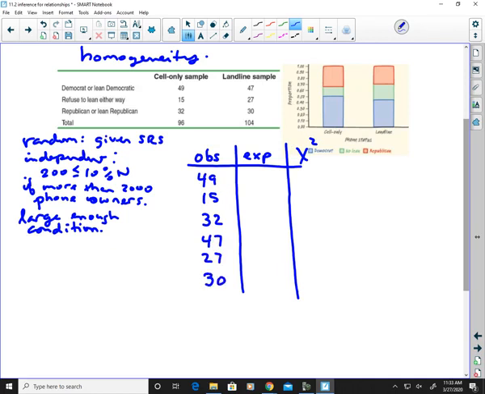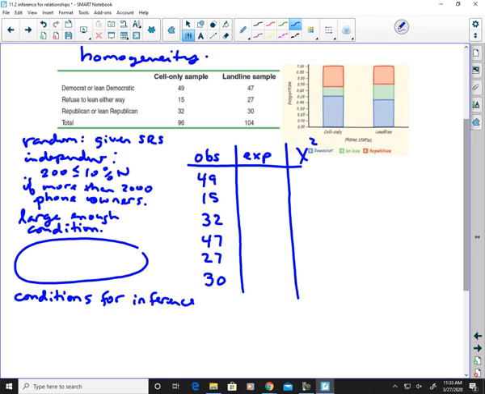And I'm going to be able to get those expected counts from my calculator. And when I get those expected counts, I'll be able to check this. And if my conditions for inference are met, what will I do? A chi-squared test for homogeneity.